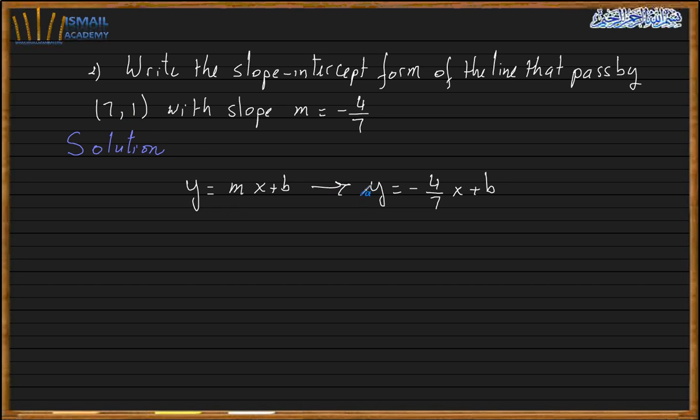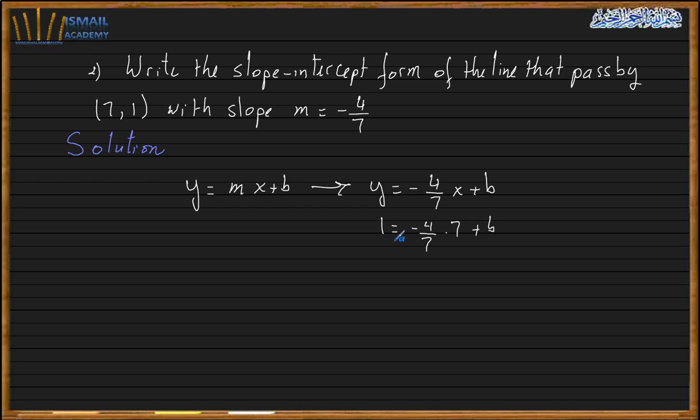That means if it's part of the line, it satisfies this equation. If I substitute x here and I substitute the y here, it's still the same line. So it's going to help me find the b. That with the input of 7, I can get 1 as output. So I substitute those values into this equation. So I got here 1 equal minus 4 over 7 times 7 plus b.